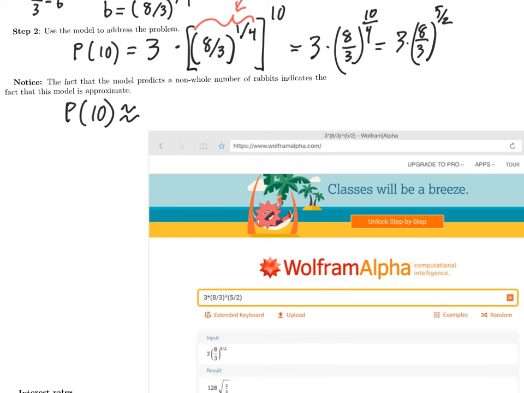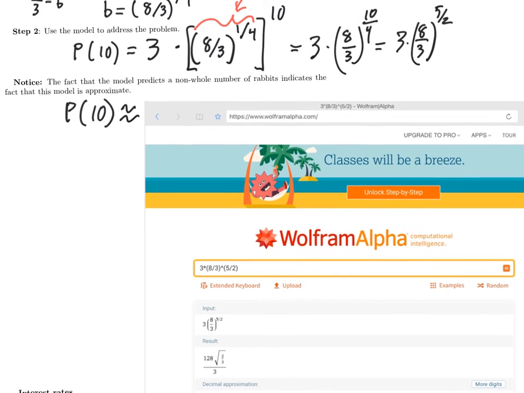I wanted 3 times 8 over 3 raised to the power 5 over 2. There it is in pretty print, which helps gauge if you've actually entered it correctly. So I wanted only 8 over 3 to be exponentiated, so I needed those parentheses. And I wanted all of 5 over 2 to be in the exponent, so I needed those parentheses.